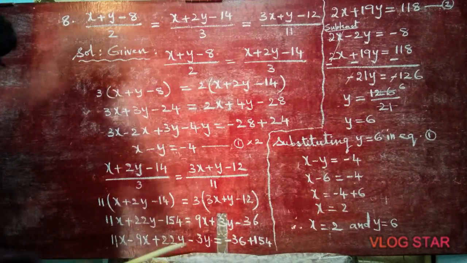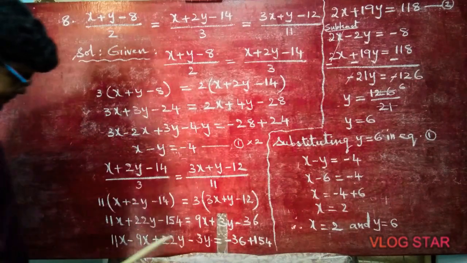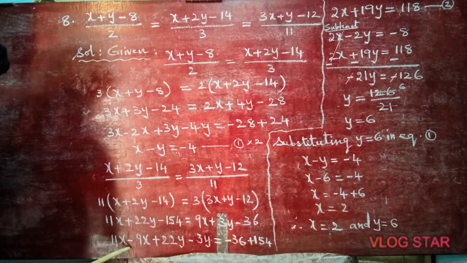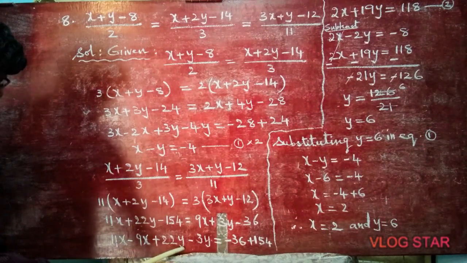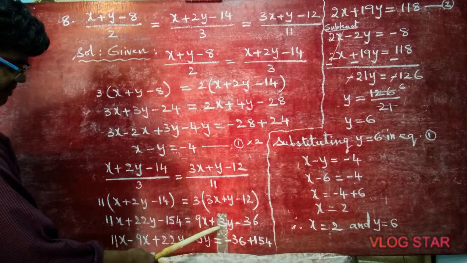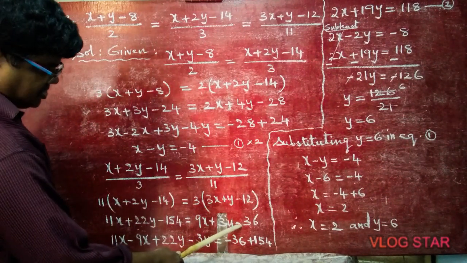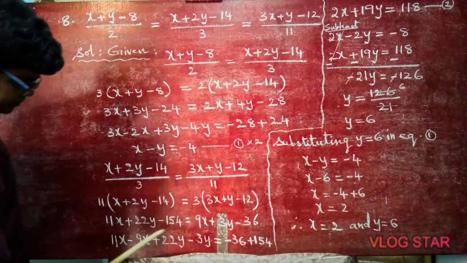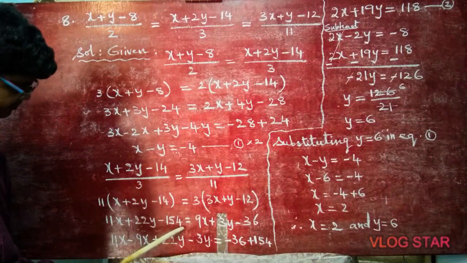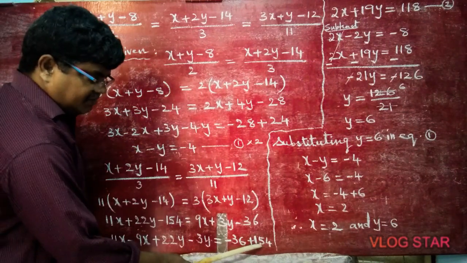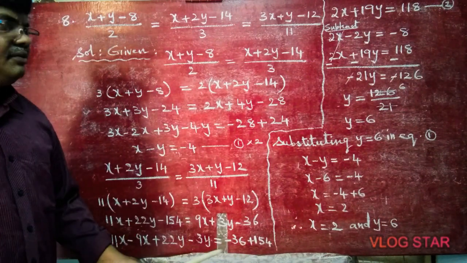Bring variables to one side, constants to the other side. 11x minus 9x, plus 22y, and here plus 3y comes to this side as minus 3y, is equal to minus 36 on the right, and minus 154 comes to the right side as plus 154.